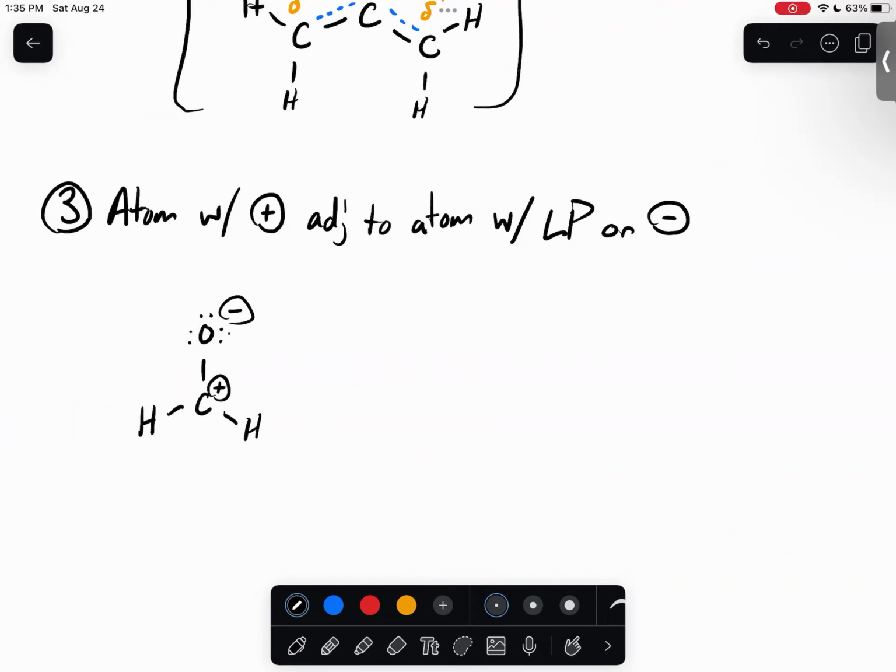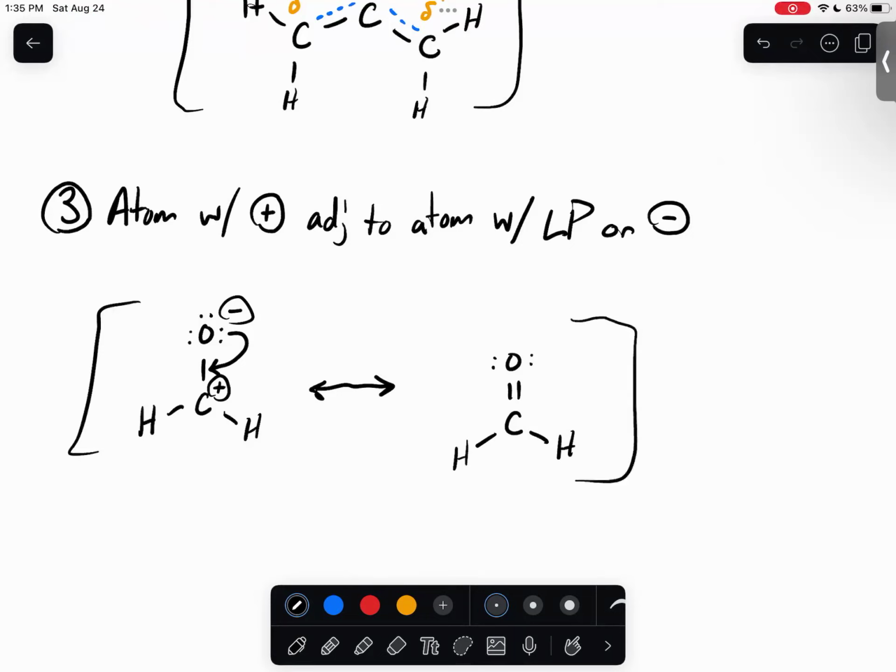Because if you take one of these lone pairs and you make it into a double bond, what you'll essentially do is you've taken away a lone pair from the oxygen, so now it only has two. The carbon has now gained a double bond, and so now it has four, and we end up in this neutral form.